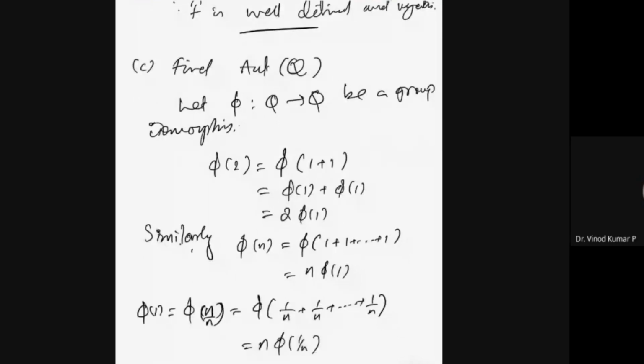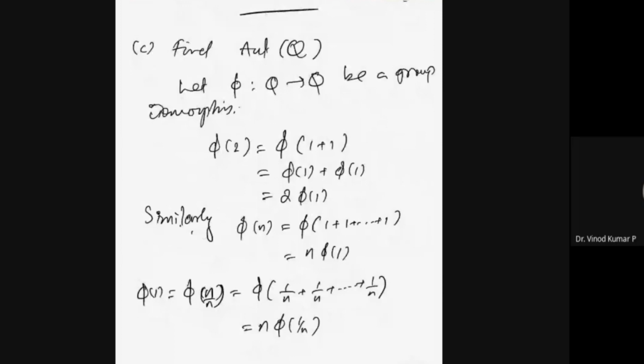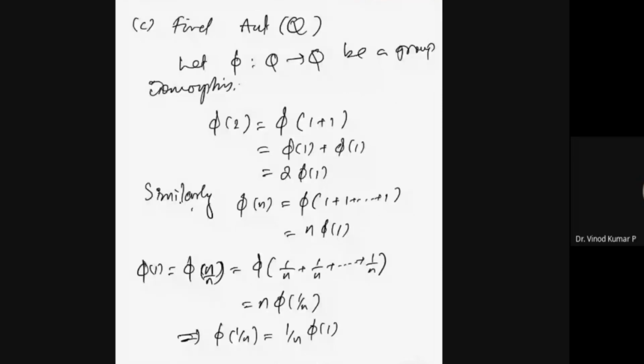So n by n I am writing as n times 1 by n, right? So this is n times phi of 1 by n. So that implies phi of 1 by n is 1 by n times phi of 1, right?